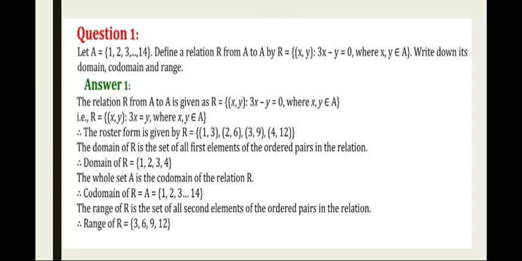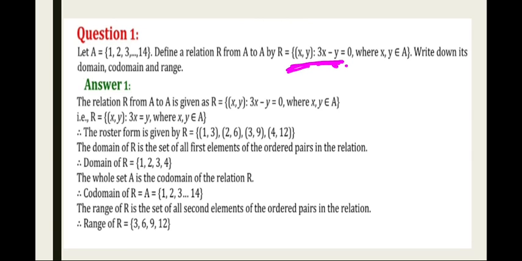Let A be a set containing 1, 2, 3, 4 up to 14. Define a relation R from A to A by R, a relation containing ordered pairs (x, y), where the relation between the first and second element is 3 times the first element minus the second element is equal to 0.